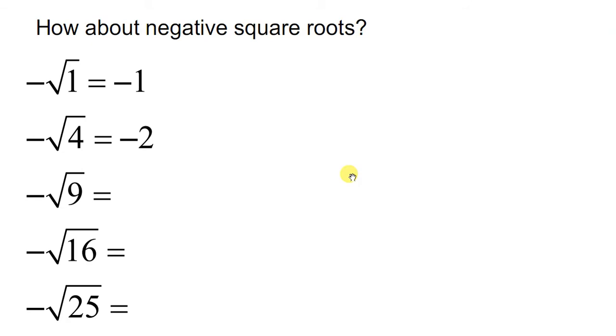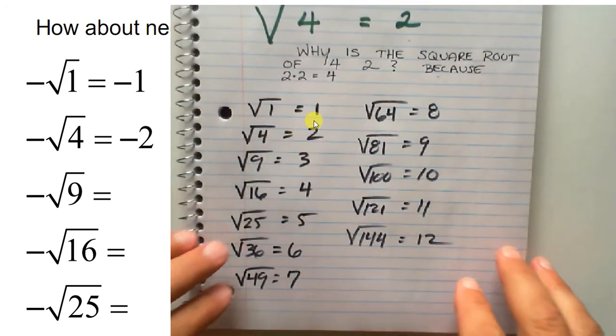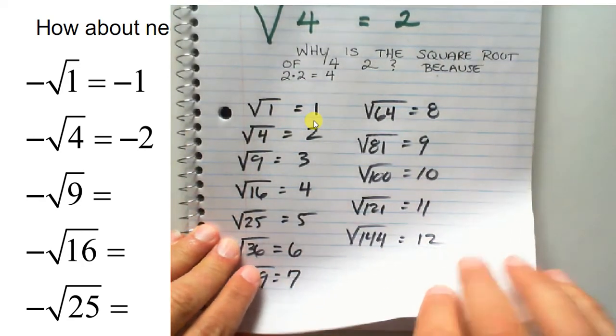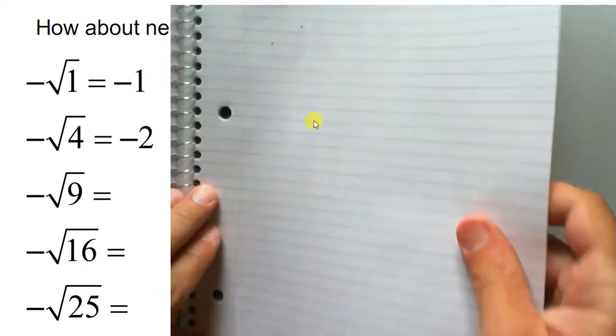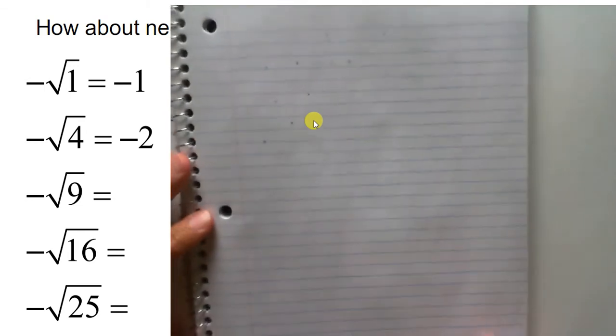Now we're going to look at some negative square roots. This is different from taking the square root of a negative. It's just that if there's a negative in front of it, we keep the negative. Let's get this into our notes also. Remember, if I write, you write. Negative square roots.